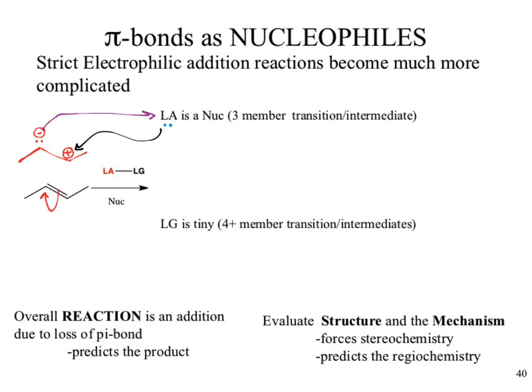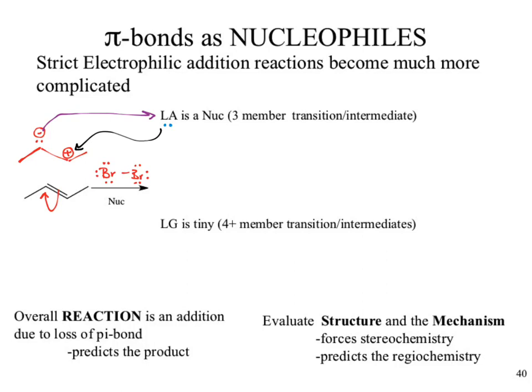The classic example for this is if I react my alkene with Br2. So if we draw that out, bromine, we draw on all our electrons. The first thing that tends to challenge students is we look at bromine and we think bromine will always act as a nucleophile. Why?